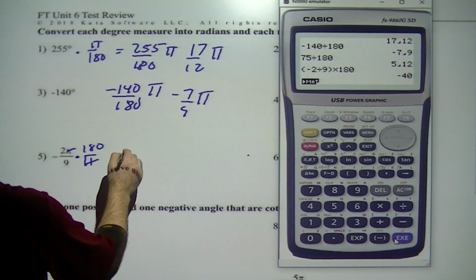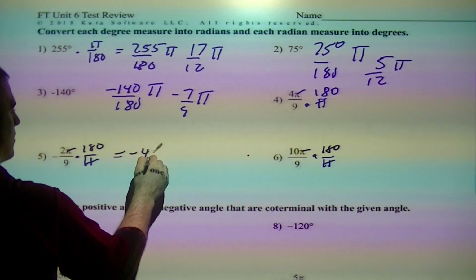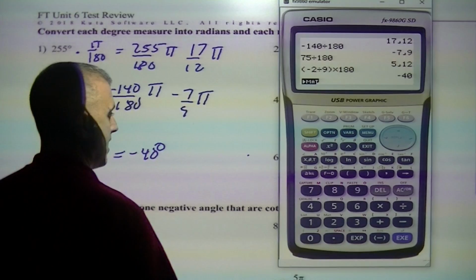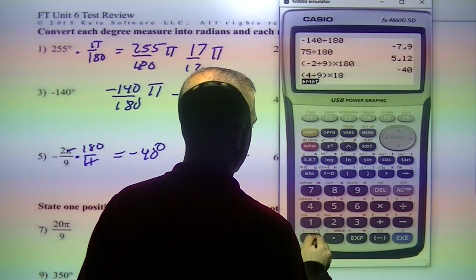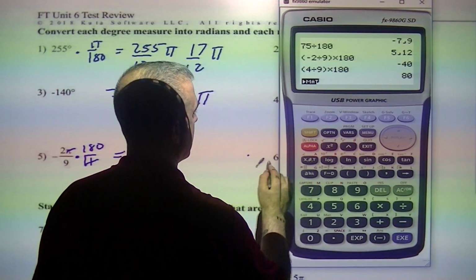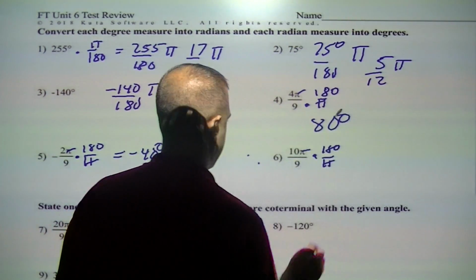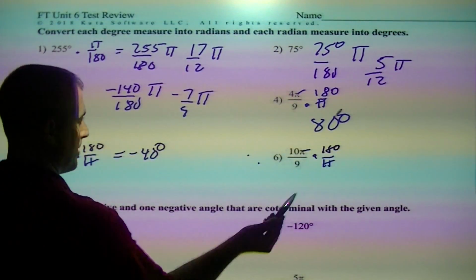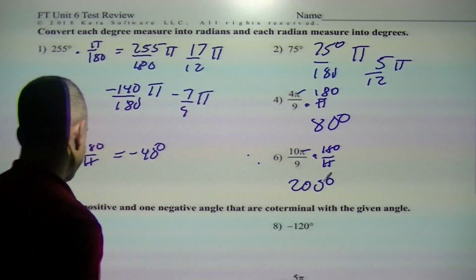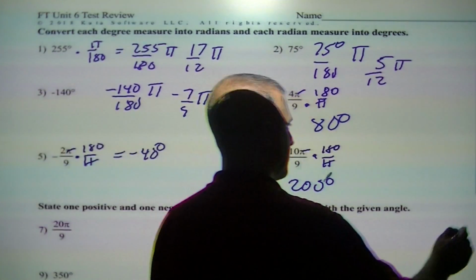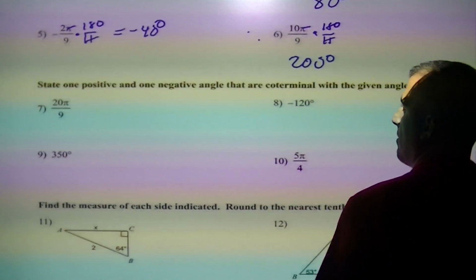So in degrees, it's negative 40. Okay, 4/9 times 180 is 80 degrees. And 10/9 times 180 will end up being, just in the interest of time, 200 degrees.